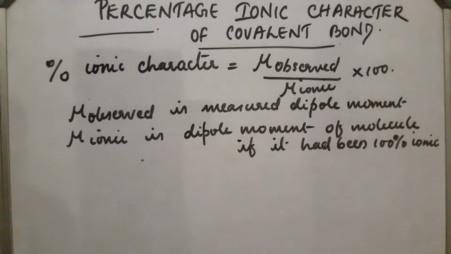Mu observed is the measured dipole moment, and mu ionic can be calculated by multiplying the bond length and the electronic charge.